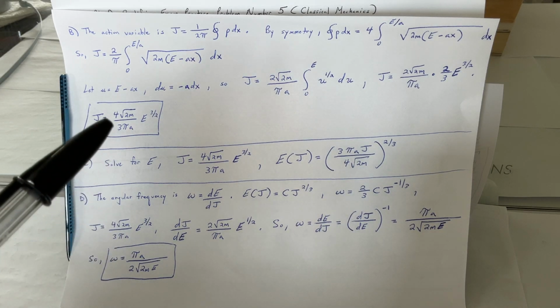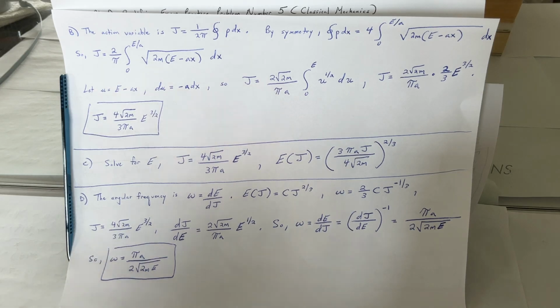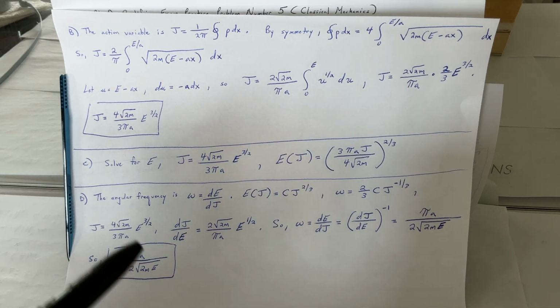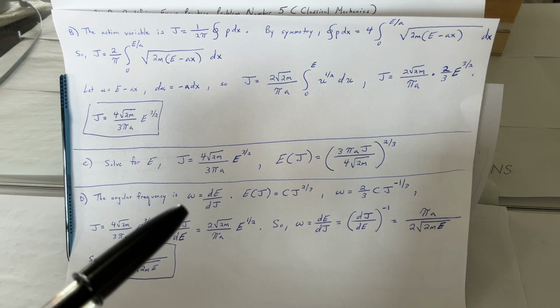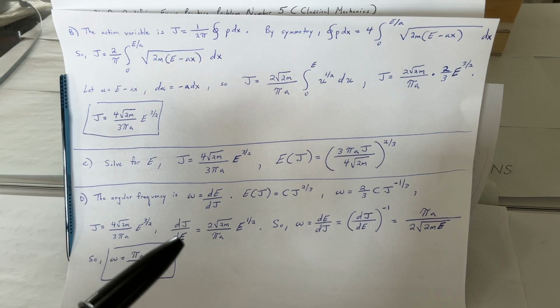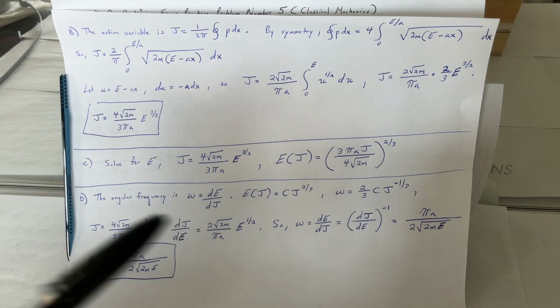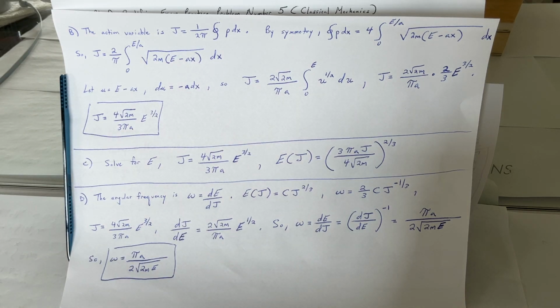J equals this quantity here, 4 times the square root of 2m over 3 pi A times E to the 3/2. And our derivative of J with respect to E is 2 times the square root of 2m over pi A times E to the 1/2. So omega equals the derivative of E with respect to J.